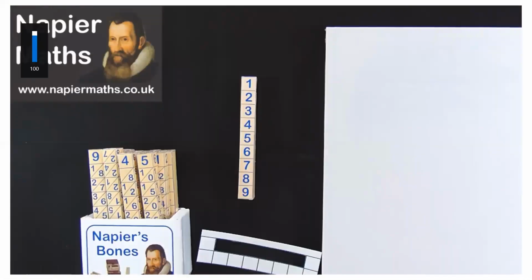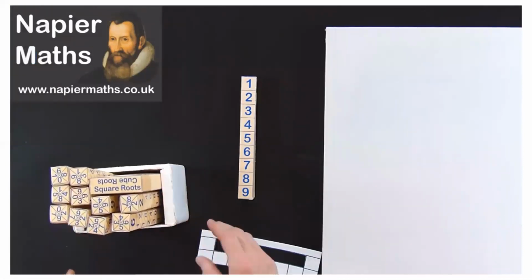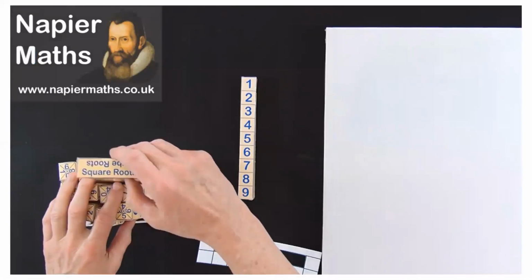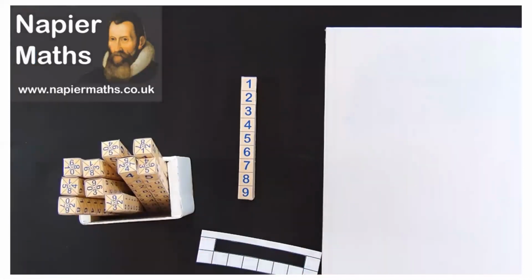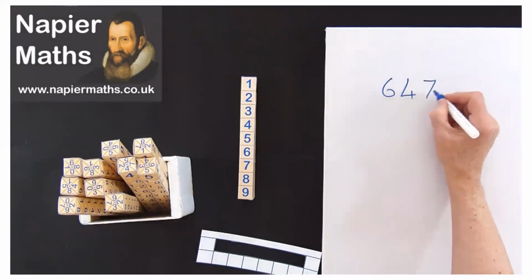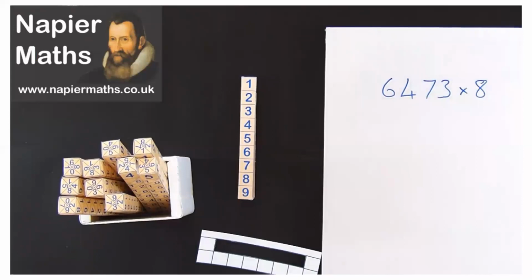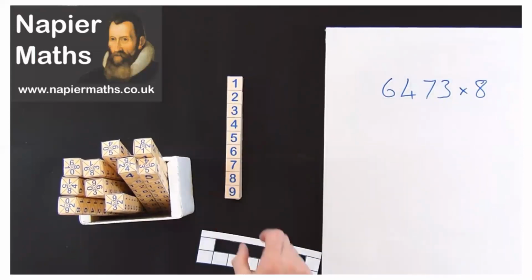In this video, I'm going to show you how to multiply using Napier's bones. You'll love this, it's so easy. I'm not going to use square roots today, so I'll leave the square roots bone to the side. I'm going to multiply 6,473 by 8. Now we'll take the bones out.